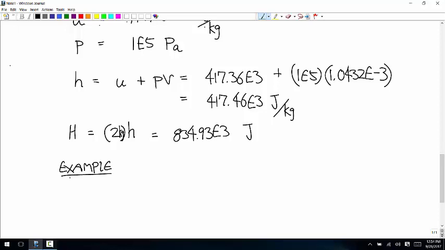Another thing you might have to do: what if you have a mixture of phases at the saturation temperature?